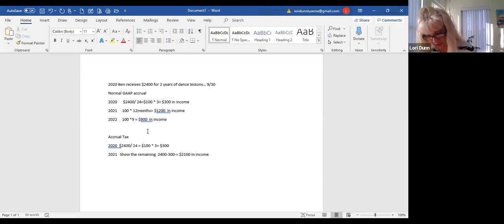Under the accrual method, if Rick elects the deferral method, he would recognize $300 of that $7,200 in 2020 because he earned one month of it, December's. He would then recognize the remaining $6,900 in 2021.